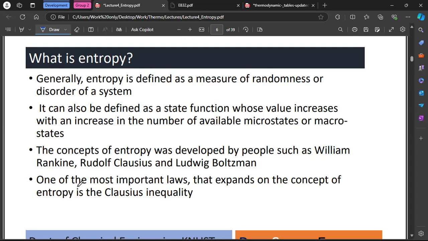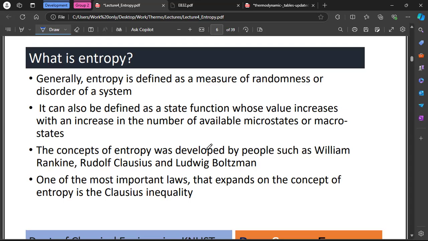So its value would increase with an increase in the number of available microstates or macrostates. What we are trying to say by this is based on some statistics and some probability that they use to determine these things. But a microstate is an arrangement of all the possible positions and energies that your particle can have.